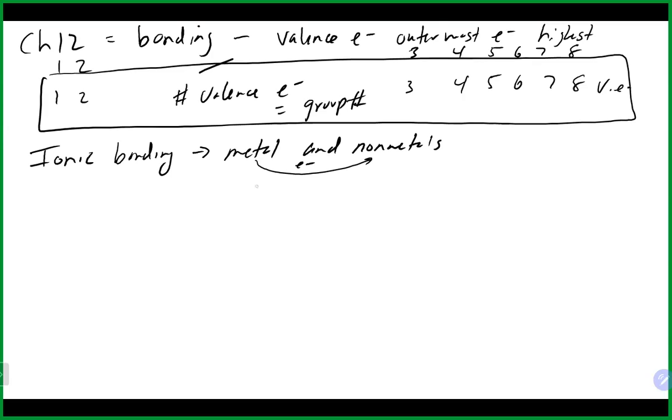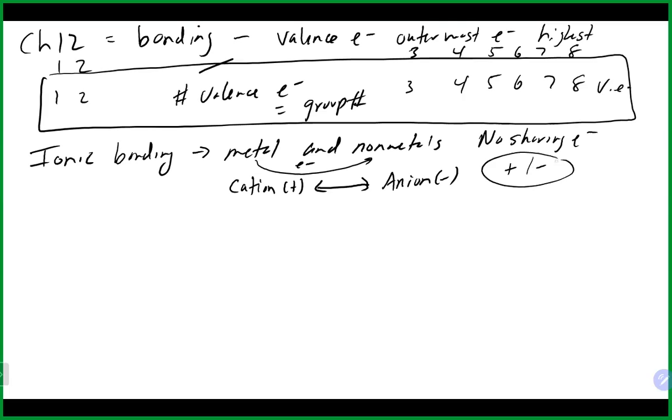The result is that our metal forms a cation that's positively charged, and our non-metal forms an anion, which is negatively charged. It is that electrostatic attraction between the two that holds it together. There is no sharing of electrons here. It is that positive-negative attraction, also known as electrostatic attraction, that holds it together.